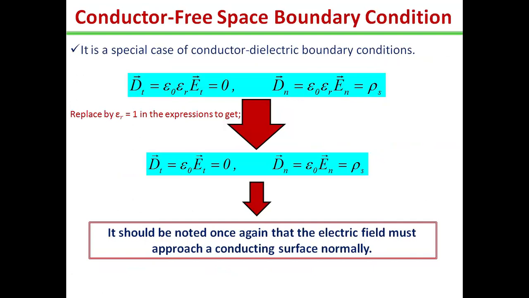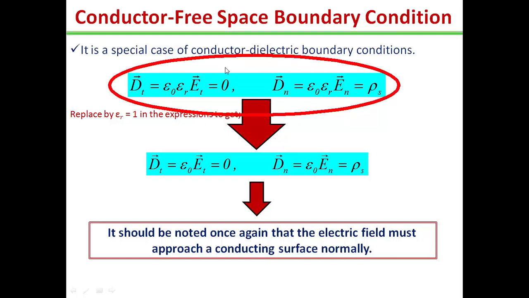Now we will see the conductor-free space boundary condition. It is a special case of the conductor-dielectric boundary condition. The boundary condition at the interface between conductor and free space can be obtained from the below equations.